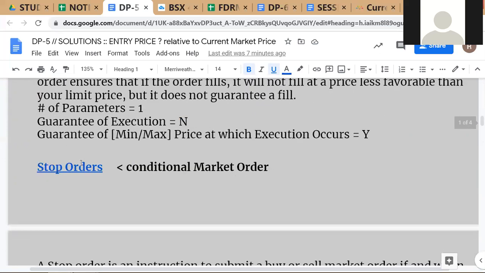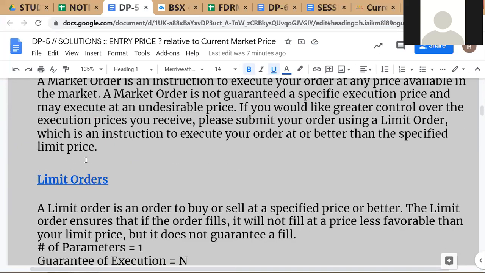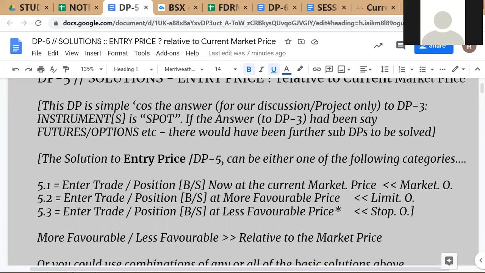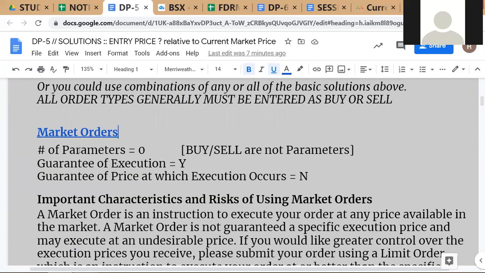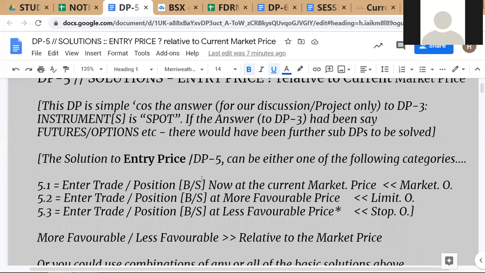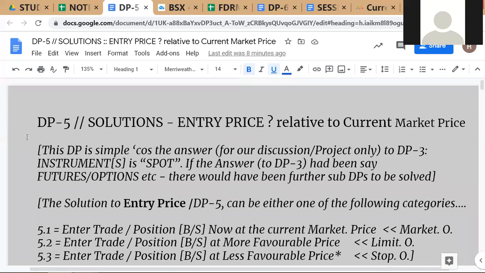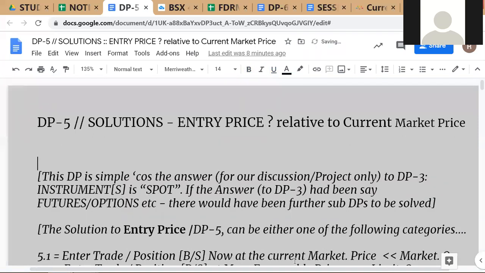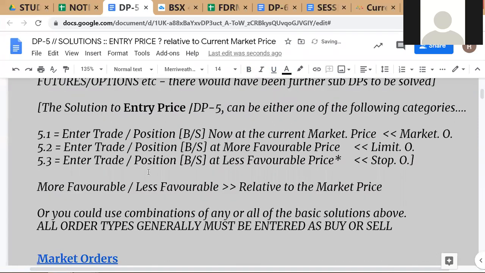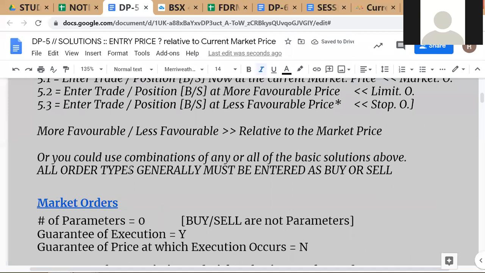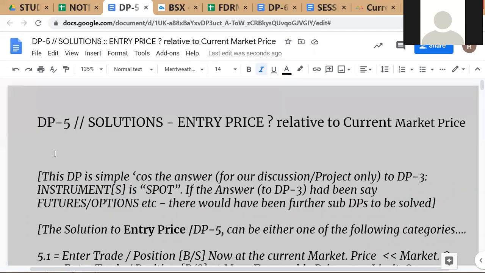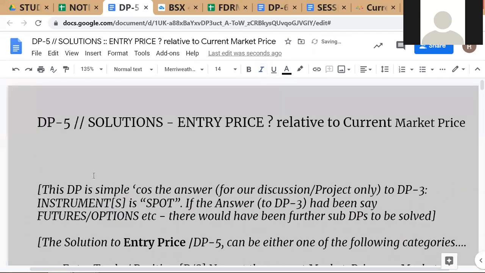One is that we're discussing 5 basic order types, and we're connecting them to decision problems, and we are also explaining clearly that order types are very intimately connected to market views. So we can actually write this here. You should understand these 2 ideas. 2 things to note here.